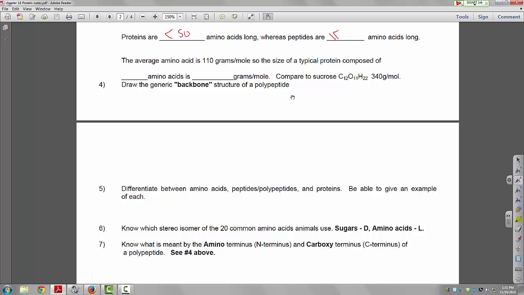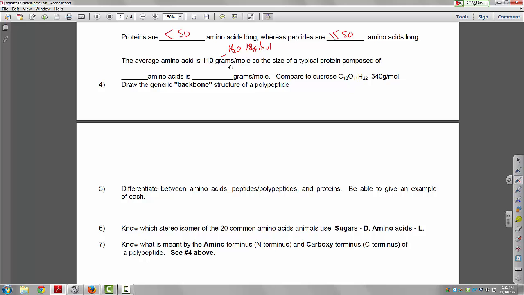Peptides are less than or equal to 50 amino acids, and we'll explain why that is exactly down here in number 5, where we make this distinction. One thing I did not talk about in lecture was the fact that the average molecular weight, the average size of the amino acid is 110 grams per mole. Contrast this to water, which is 18 grams per mole.